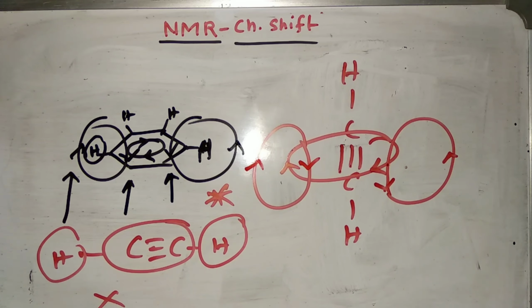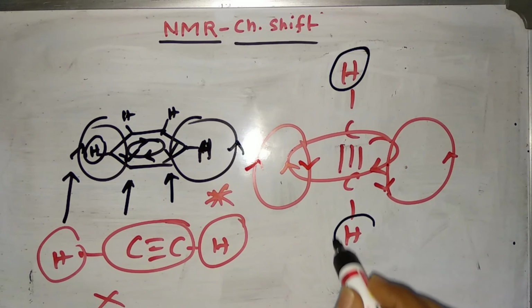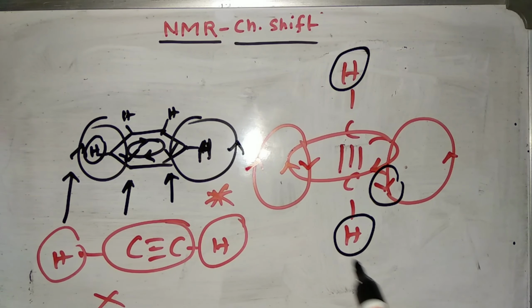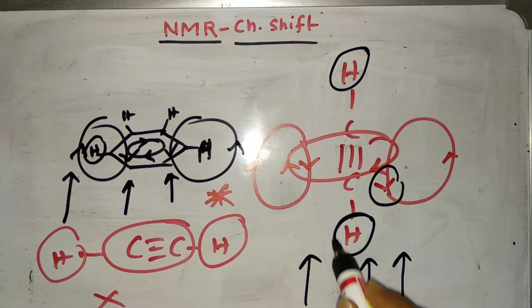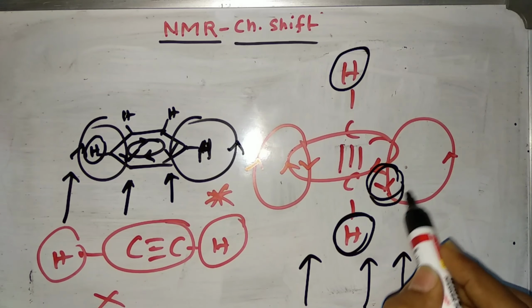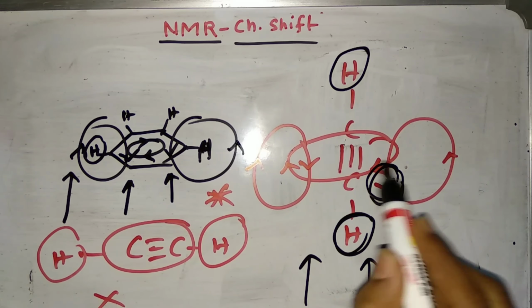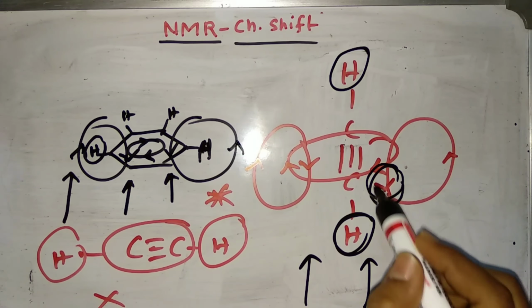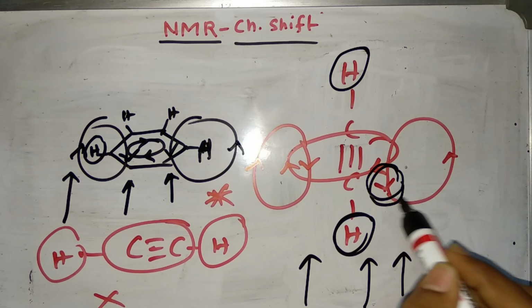So that is why these hydrogens are present near the opposing center. This is the direction of the externally applied magnetic field, and here the externally applied magnetic field is opposed by this current or this induced magnetic field.